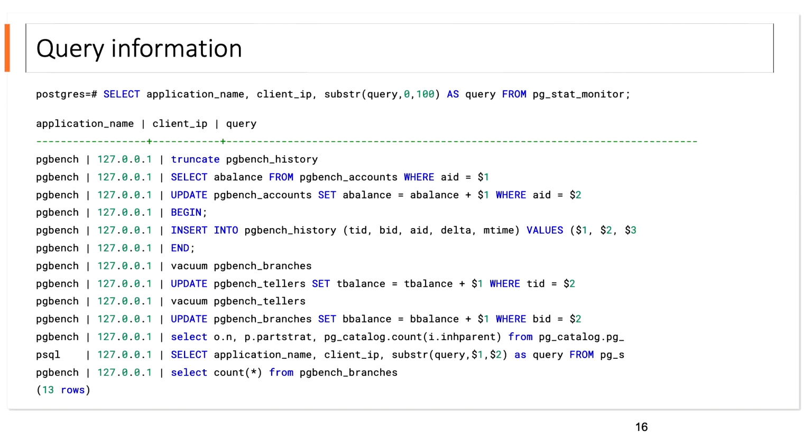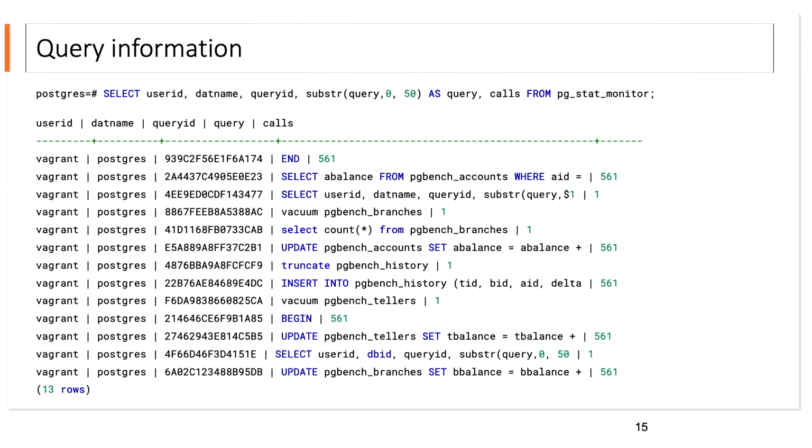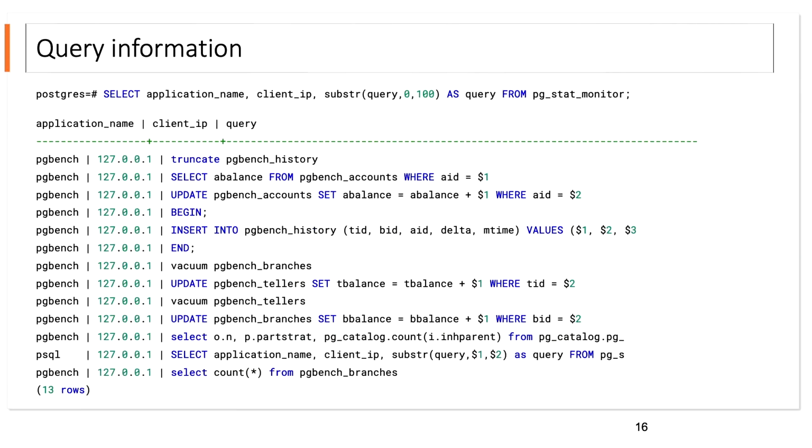And the difference is, if you see, the value is the actual value. 561, it's called. The difference is here and here.